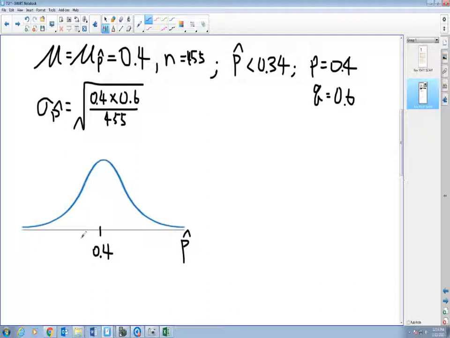What's the chance that of the 455 sampled, less than 34% will have Crohn's disease? So I'm looking for the area to the left of my p hat. So again, we can standardize our axis, convert the 0.34 into a z-score, then we can find the area under the curve.